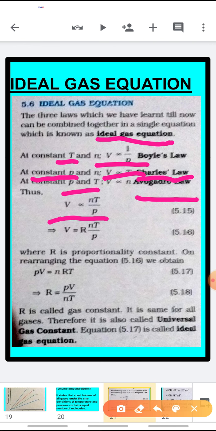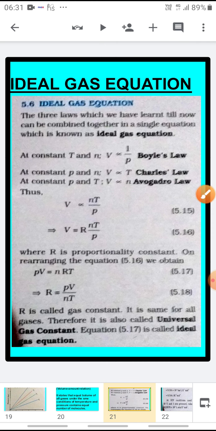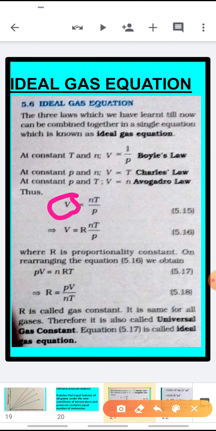Now if we combine the three gas laws, we get the equation V is directly proportional to nT upon P. Removing the sign of proportionality, a constant comes, that is R. So we can say V is equal to RnT upon P. This R is the proportionality constant and is called the gas constant.